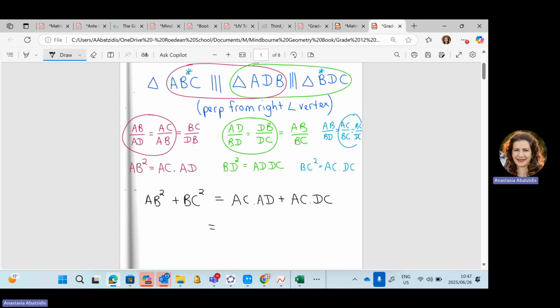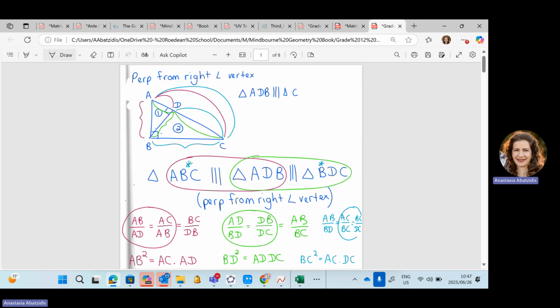Kiara, factorize this. What's common? Common is AC. Right, so I'm going to take out AC and I'm left with AD plus DC. Okay, are we right with that? Back to the picture. What is AD plus DC?